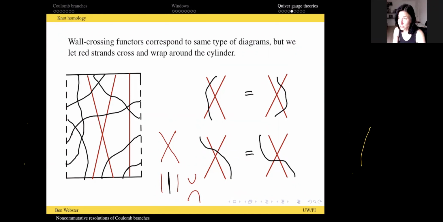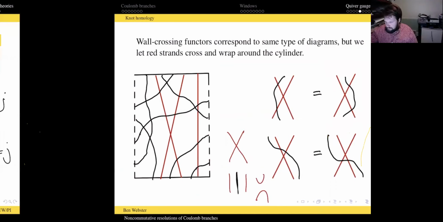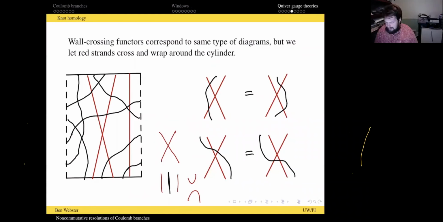With a braided tilting bundle? Yeah, if it's two different tilting bundles for two different things. It's relatively automatic.